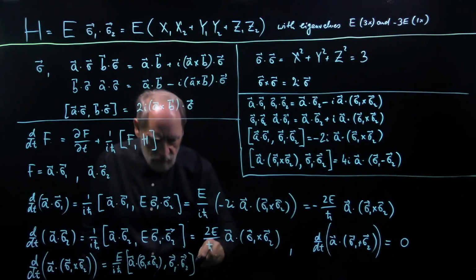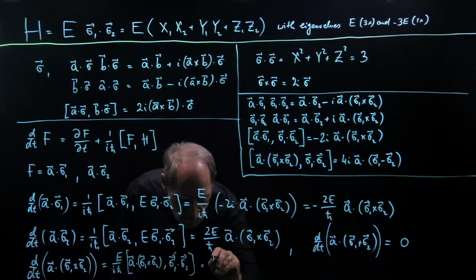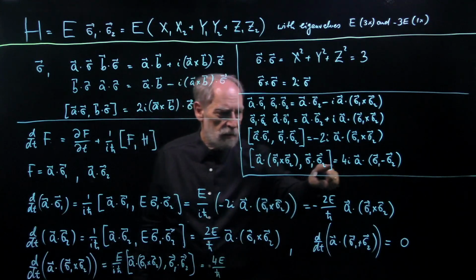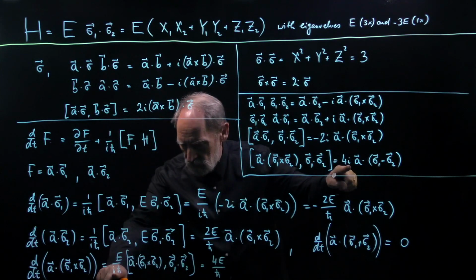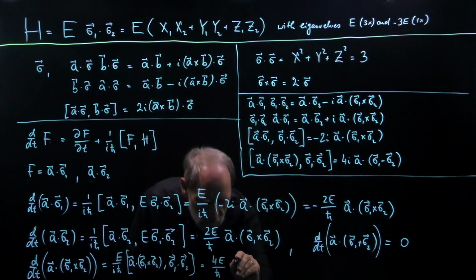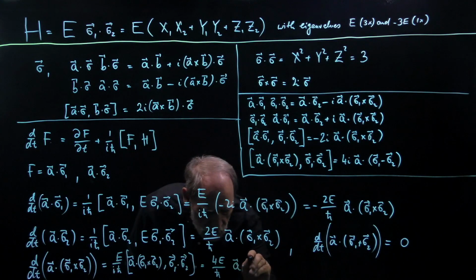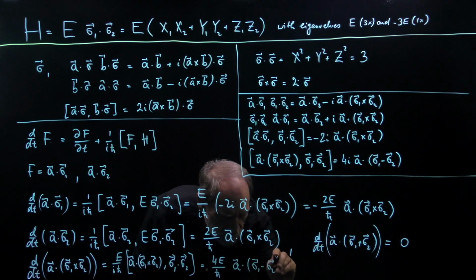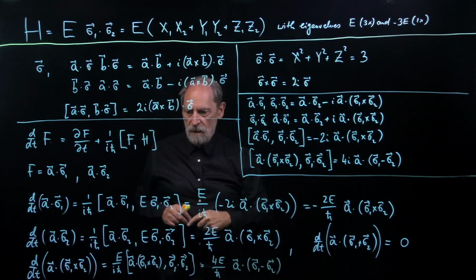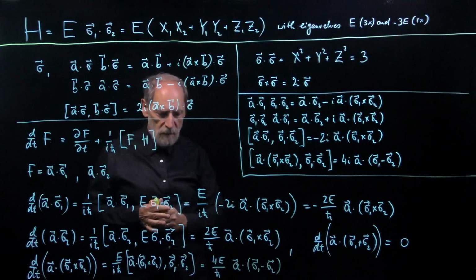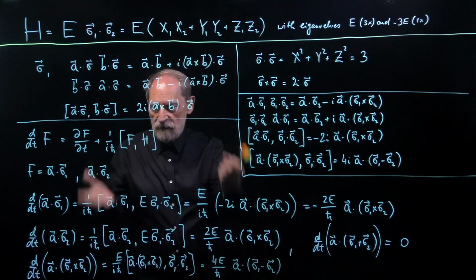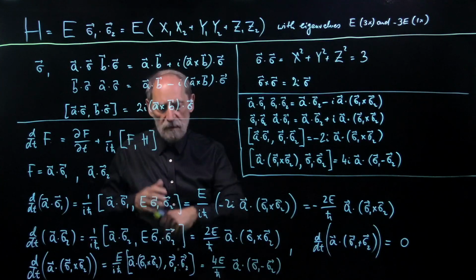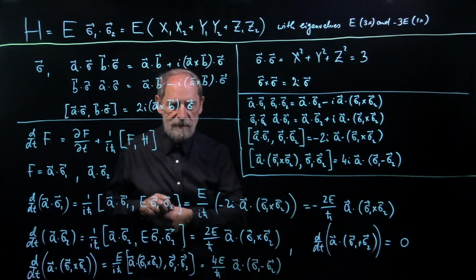So this will just give us 4e divided by h bar. The 4 from here, the i cancels this i, and then we have a dot sigma 1 minus sigma 2. And so now we have all the equations that we need to find the time derivative of sigma 1 and sigma 2 in terms of what they are at the initial time.